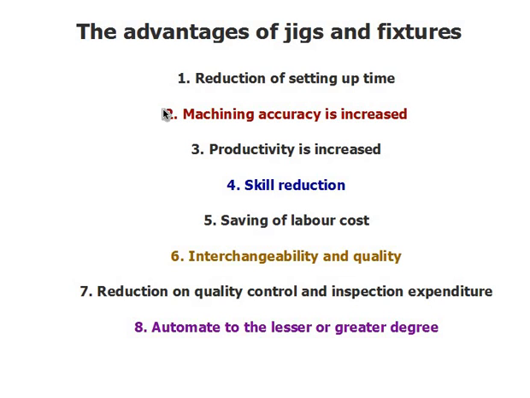Hence, there is a reduction in setting up time. Machining accuracy is increased because the workpiece is automatically located. The way the first part is located, the last part is also located in a similar way, hence accuracy will be maintained.